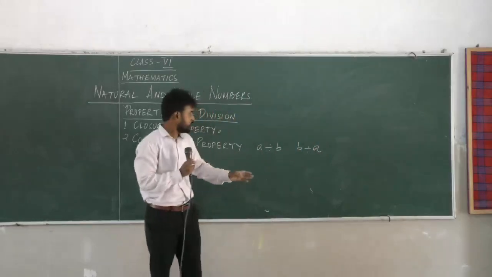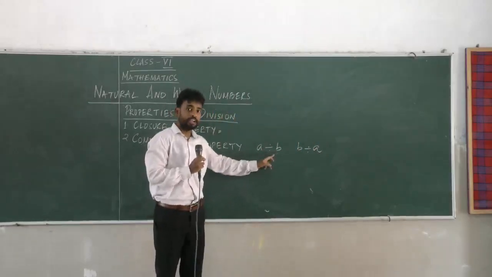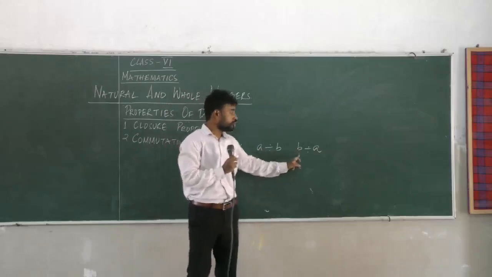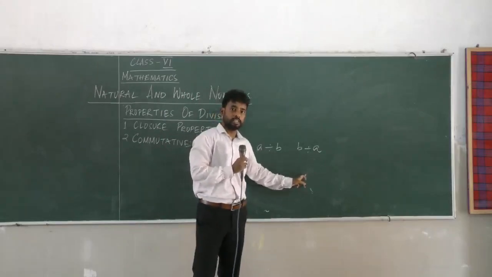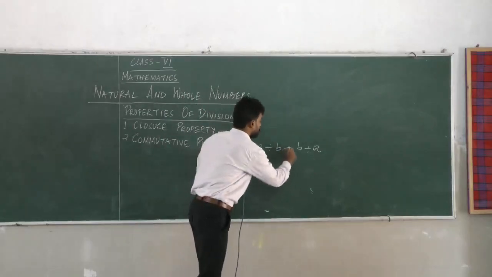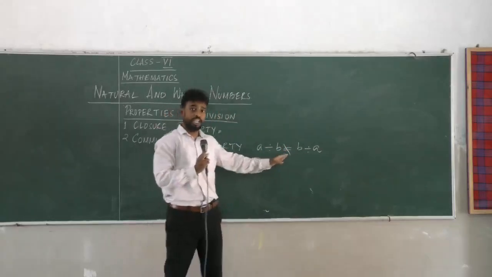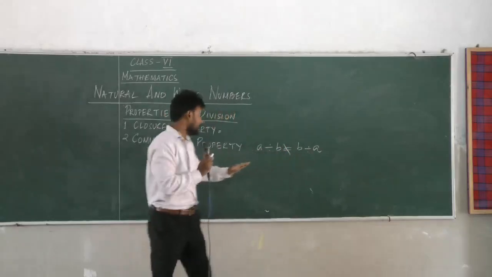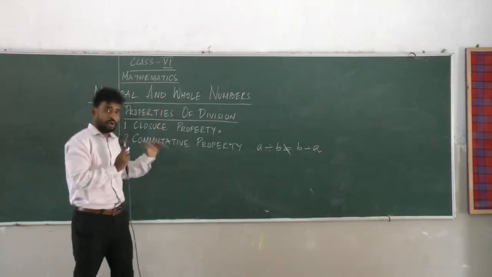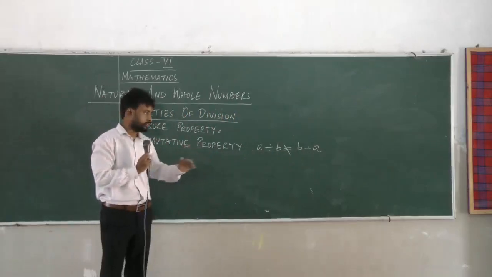As we have seen, if we divide 4 with 2, we get 2 as the answer. But if we divide 2 with 4, we'll get half as the answer. So therefore, we can say that A divided by B is not equal to B divided by A. Or we can say that division of whole numbers are not commutative.